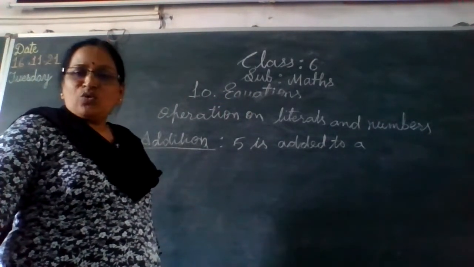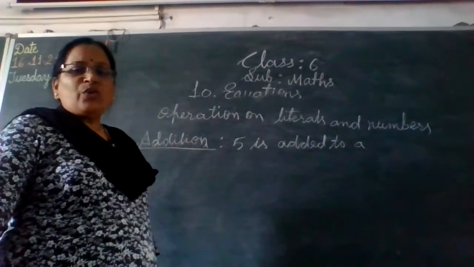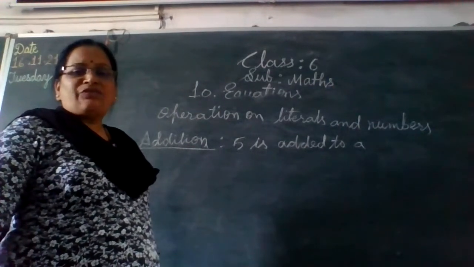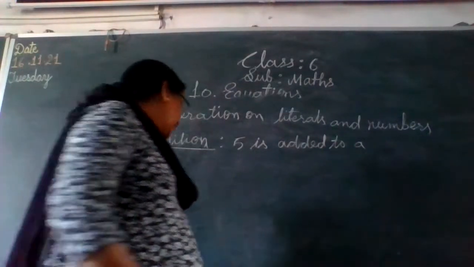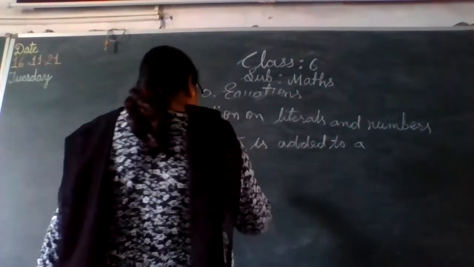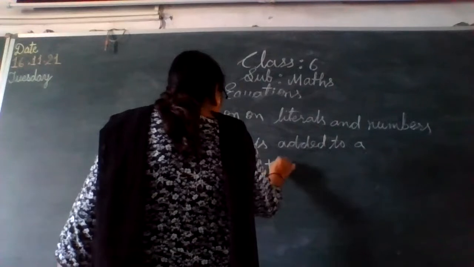It is the unknown quantity. So how will you express the sum of 5 and A? So it is better to write A plus 5.